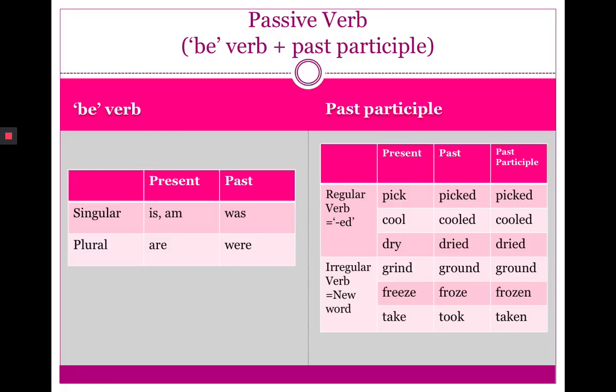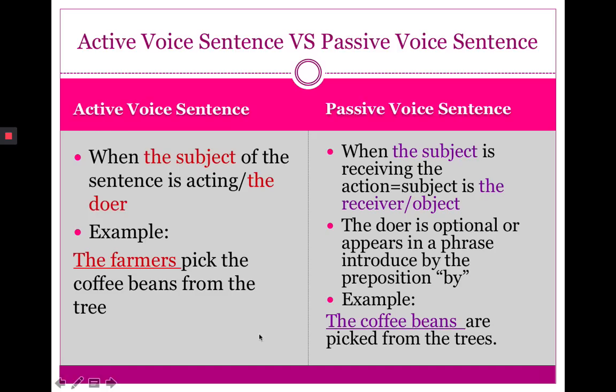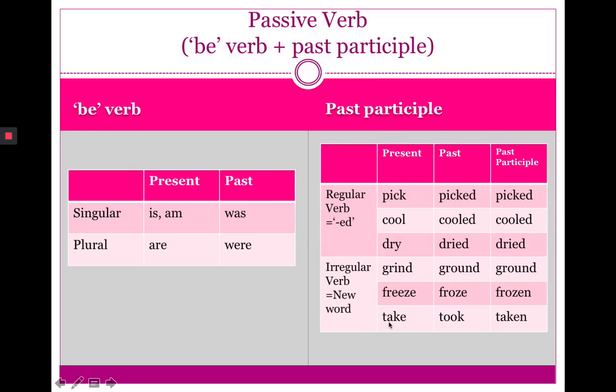For example, the coffee beans. Is it plural or singular? It's plural, it's many, so you must use are. The coffee beans are picked. This is what I mean by singular and plural be verbs.